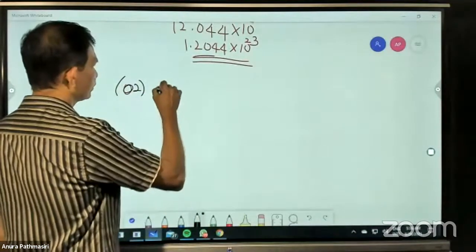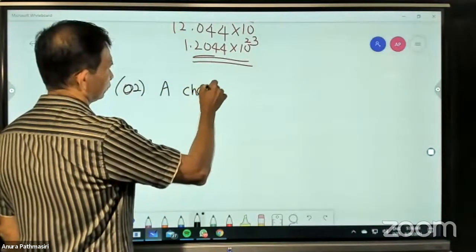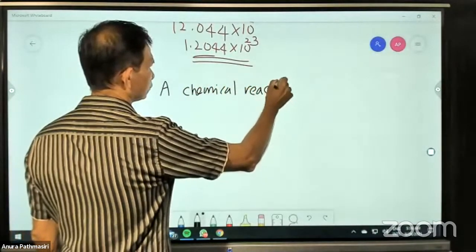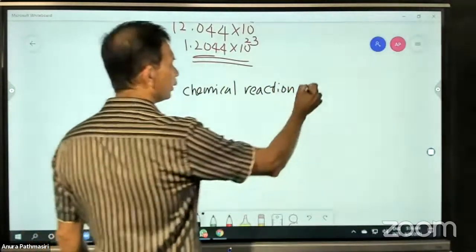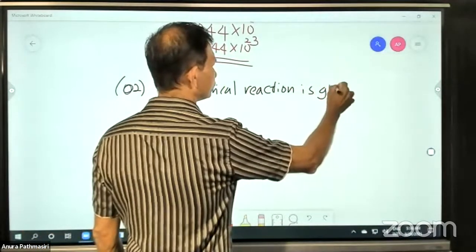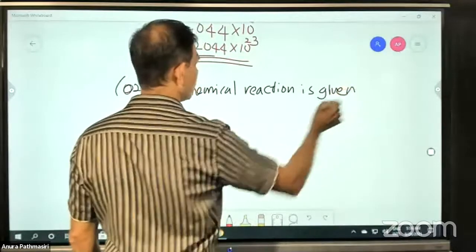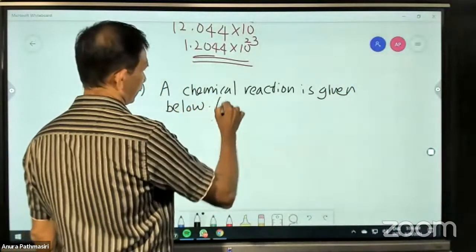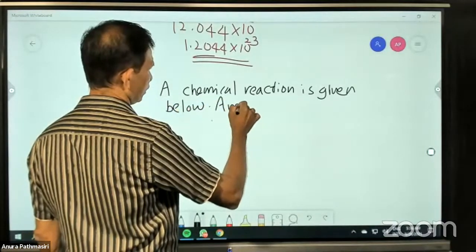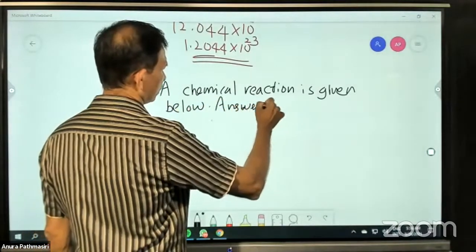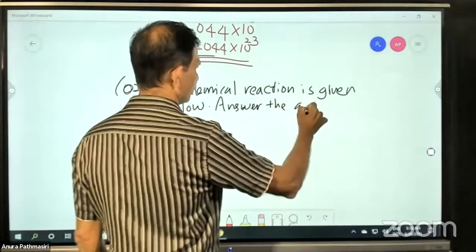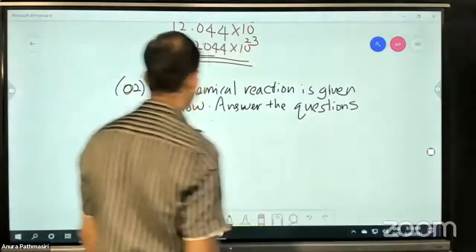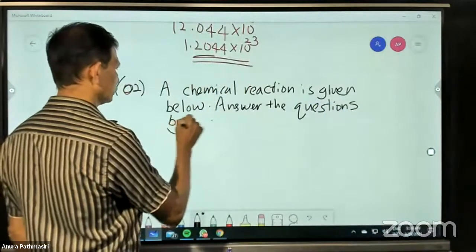A chemical reaction is given below. Answer the question.